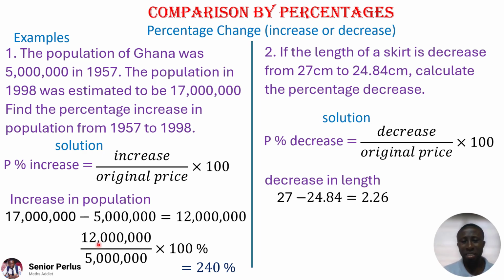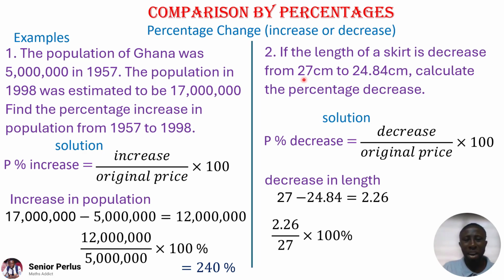So the decrease is 2.16 out of the original. Then our original is what? 27. Like always, to find the original is very easy. What was before moving? So it was 27 centimeter before moving to the new one.